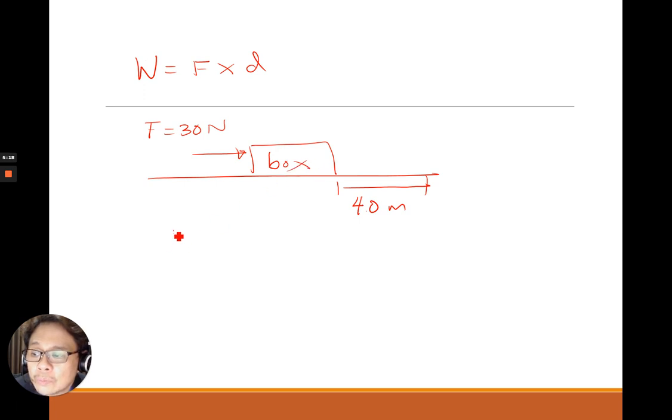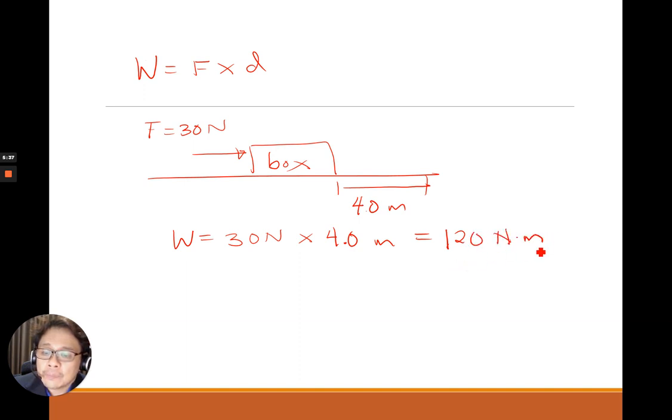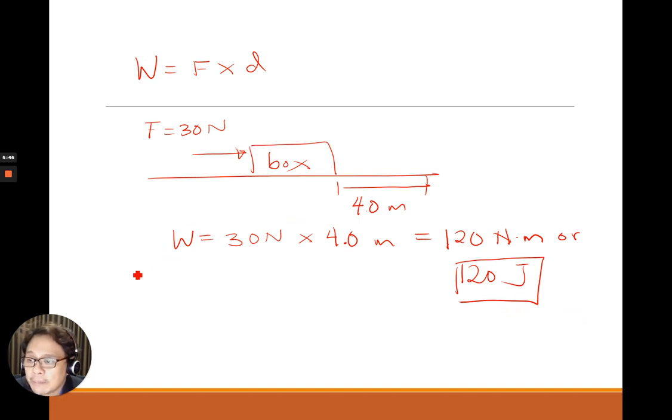Work is equal to force, 30 newtons, multiplied by 4.0 meters. So 30 newtons times 4.0 meters will give us 120 newton meter, or we can say 120 joules. That would be our example.